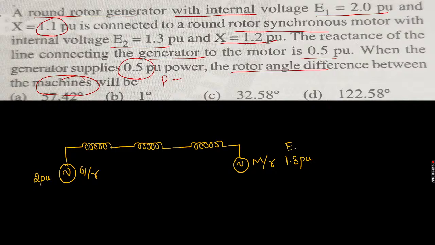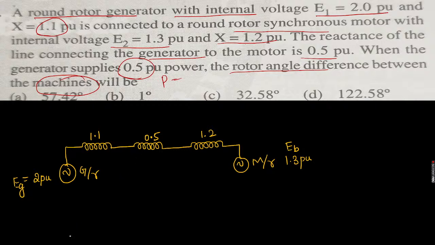This is motor induced EMF, back EMF we can say. This is generator voltage. Next, reactance offered by the generator is 1.1 per unit, and the reactance offered by the motor is 1.2 per unit. Reactance offered by the transmission line is 0.5 per unit.